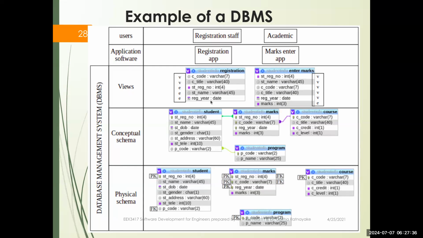Otherwise, actually, we store more than this data, but for this example, we store in the registration block course code, course title, student registration number, student name, and registration year.